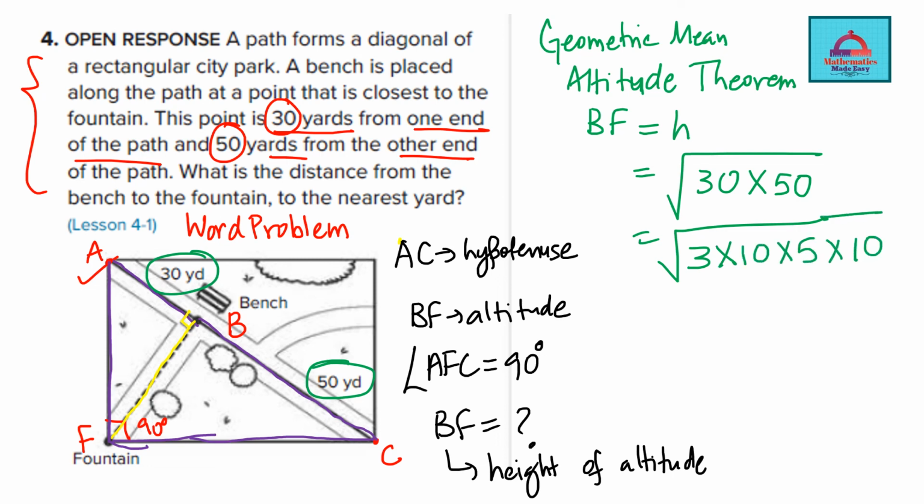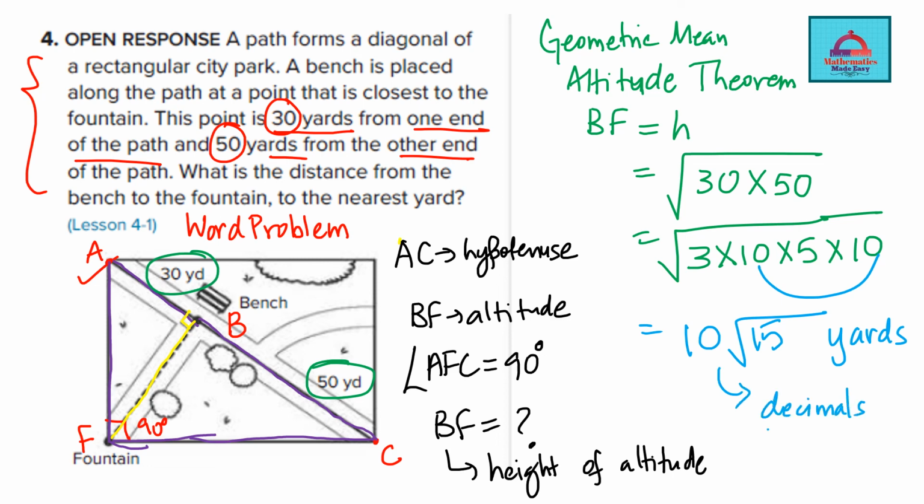Now I'm not going to break these 10s because these 10s are already in pairs, so they can easily come out. So 10 comes out and inside you have 15. So if you want to leave your answer without a calculator, this is going to be the value. And if you want to use a calculator, you are allowed, then you can do the square root of 15 on the calculator and convert your answer in decimals also. Don't forget to round it off to the nearest yard.